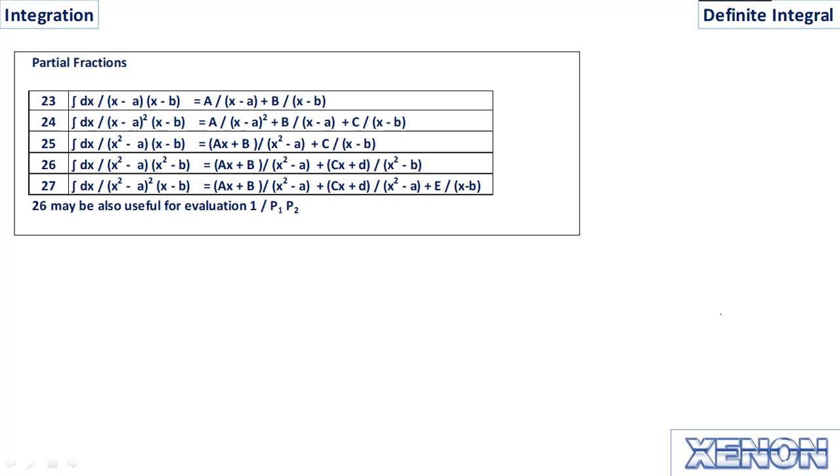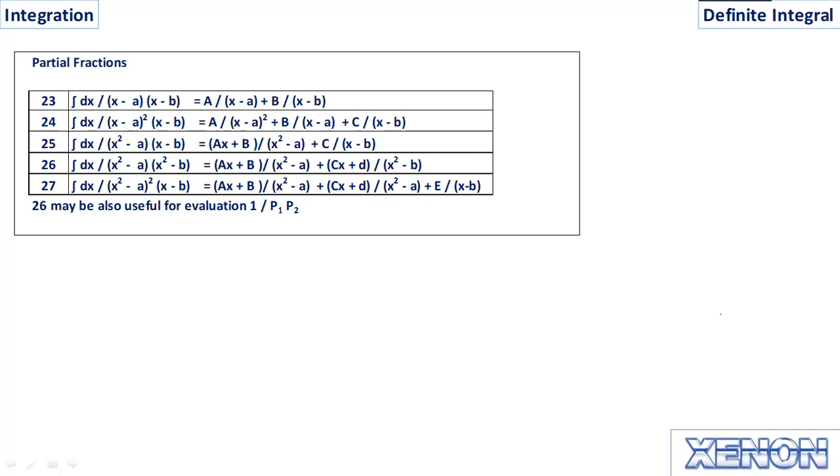Here, when we are getting the integrand of the form 1 upon (x minus a)(x minus c), when we do the partial fraction of 1 upon (x minus a)(x minus c), we express this in the form A upon x minus a plus B upon x minus c.